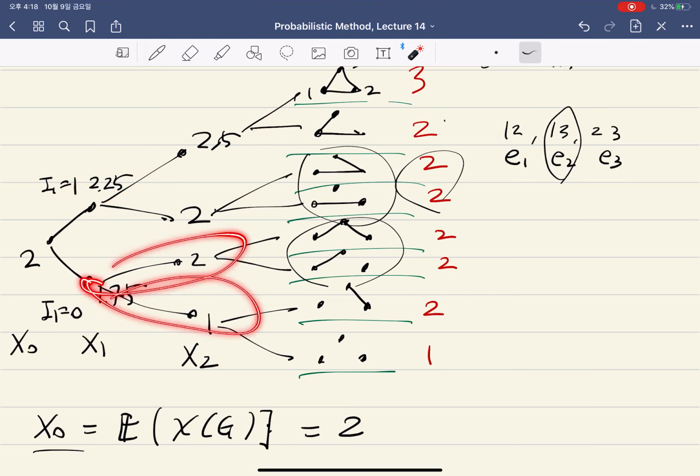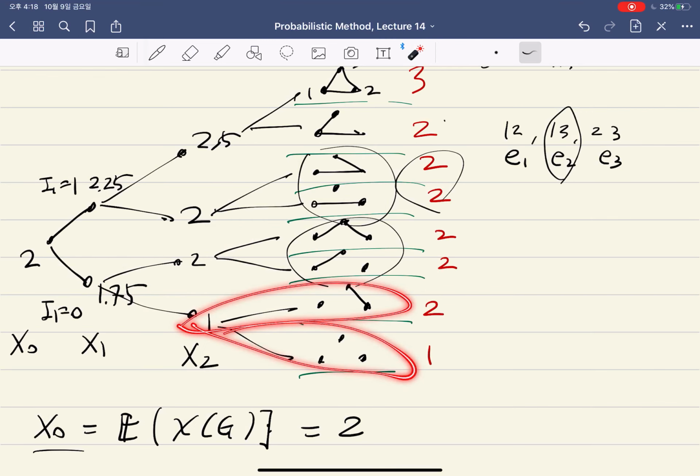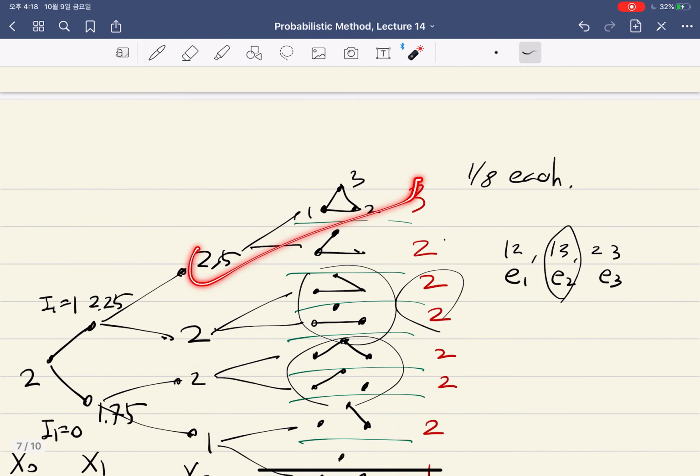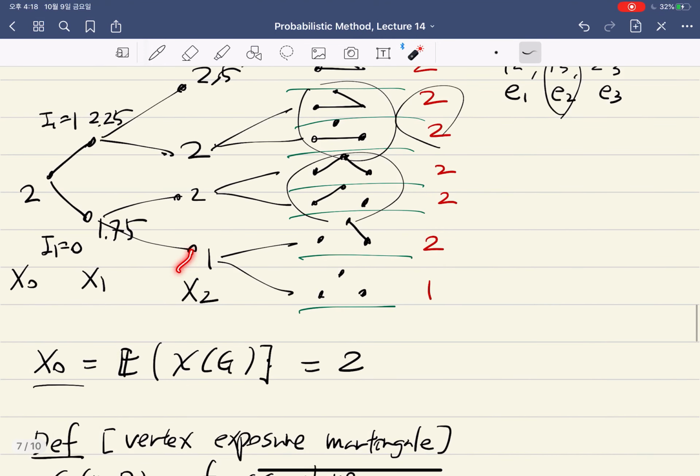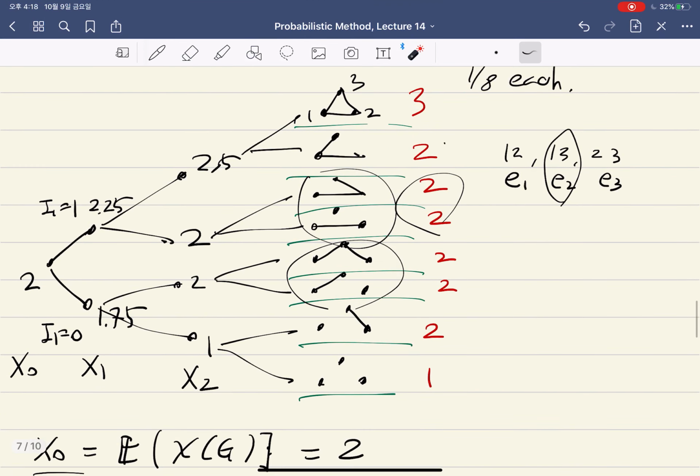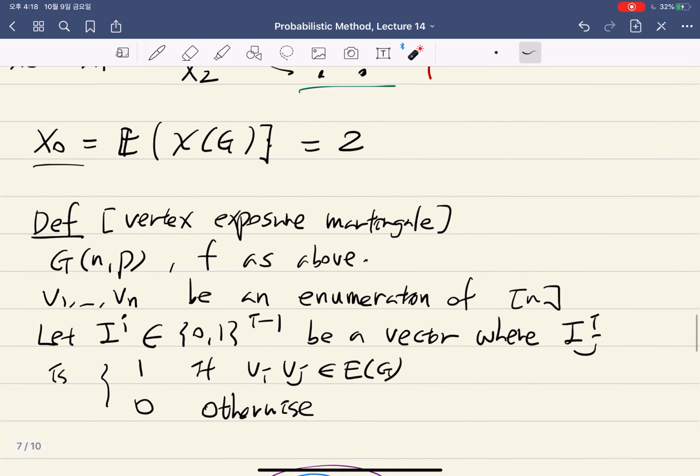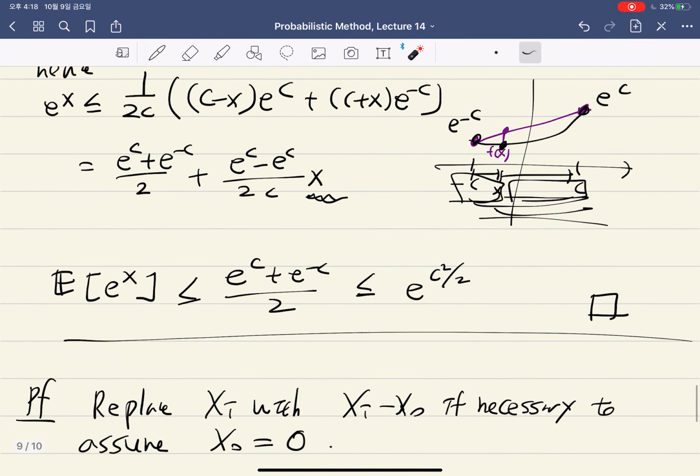It seems that in here, it never changed by more than half, right? 0.5 to 1.5 or 1 to 2. It can change up to half. But it's not sure whether we can prove that in any case, once you add an edge, the expected chromatic number, how much it changed. So our intuition tells that it must be at most 1, but we have to actually check it properly.